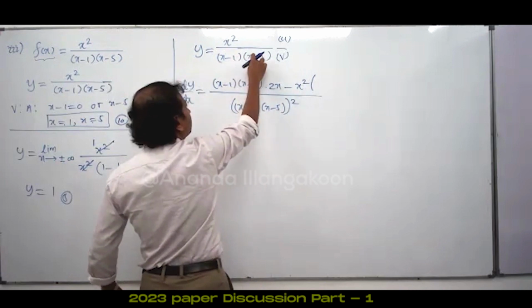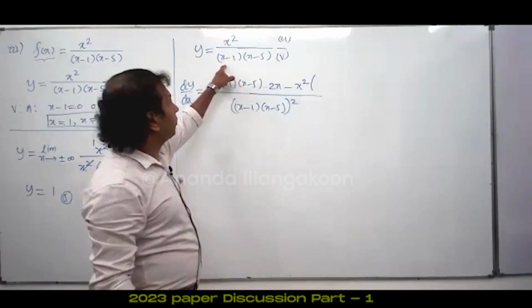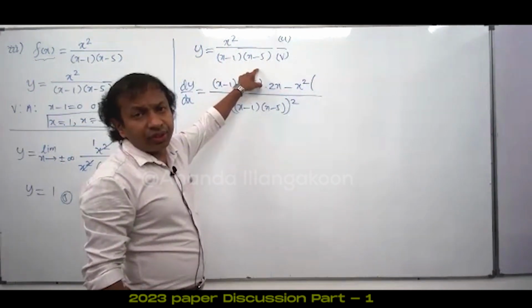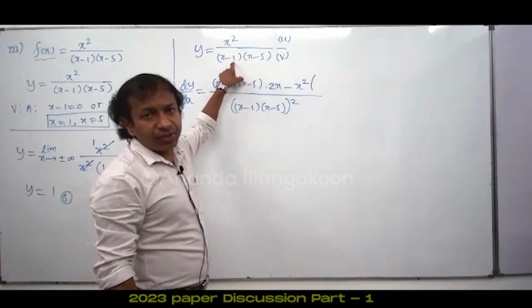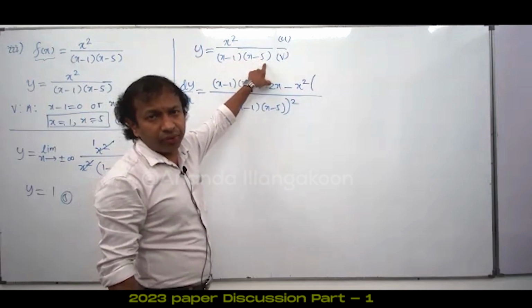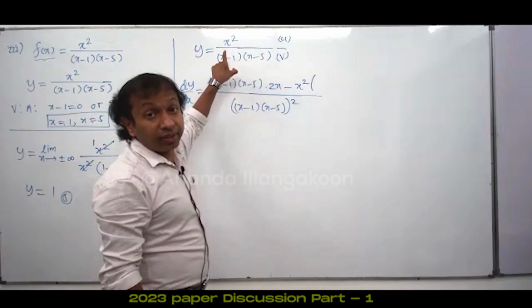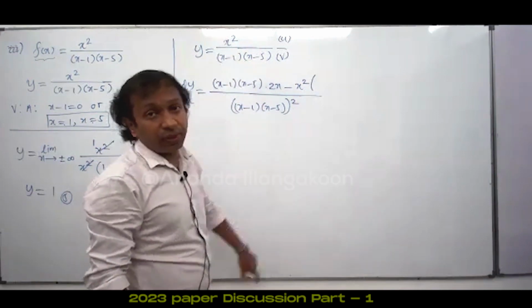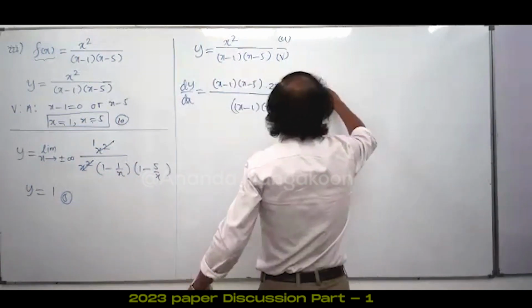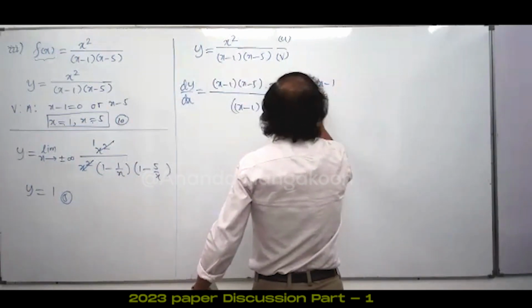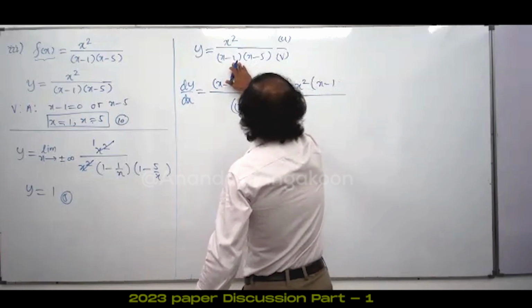How to differentiate this, people? This is a product, so we differentiate it as a product. Keep the first as the same, multiply by the derivative of the second, plus the second as the same, multiplied by the derivative of the first. So what do you get there? x minus 1, we keep as the same.